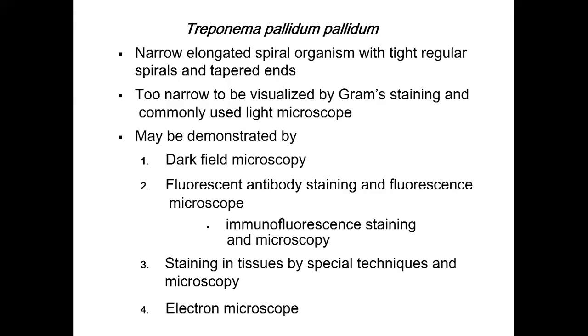And fourthly, there's the electron microscope. That again is more rare. It's found maybe in research institutions and some special laboratories, but where it is available, it can be used to view Treponema pallidum subspecies pallidum.